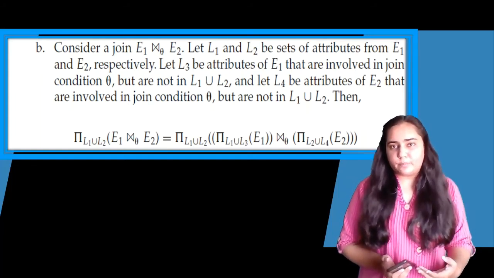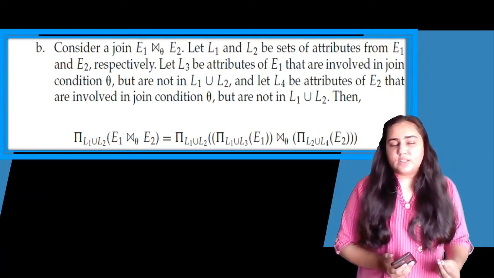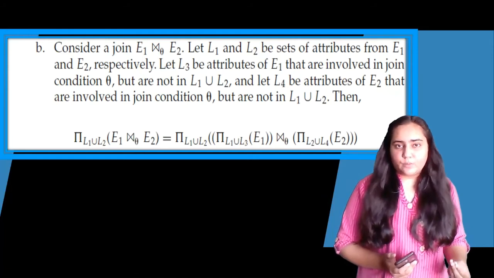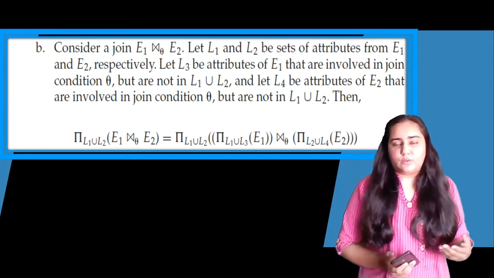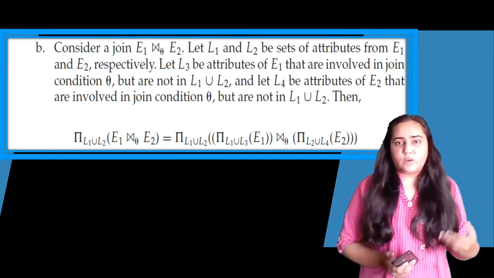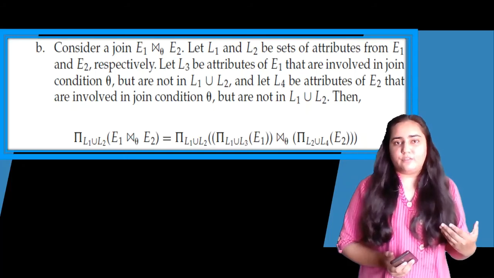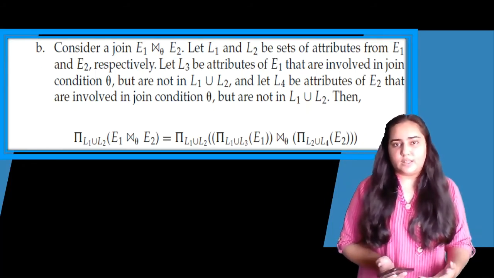from table E2. And other than that, the theta operation is using some columns L3, which belong to E1, but they do not belong to L1 or L2, which means the union of L1 and L2. And we also have some columns L4, which belong to E2, but they do not belong to L1 union L2.